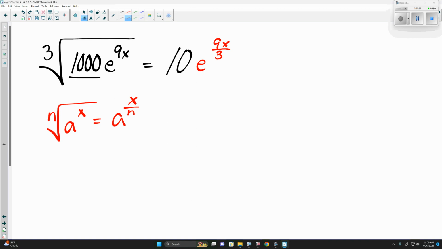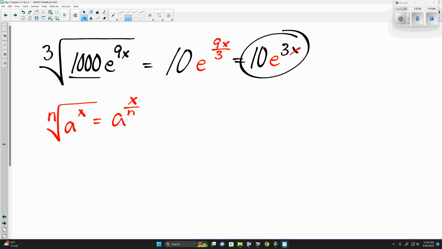The number on bottom, our root, is 3. What is 9x divided by 3? Because 9 divided by 3 is 3, and then we would have x. So the cubed root of 1,000e to the 9x is 10e to the 3x. And that's it.